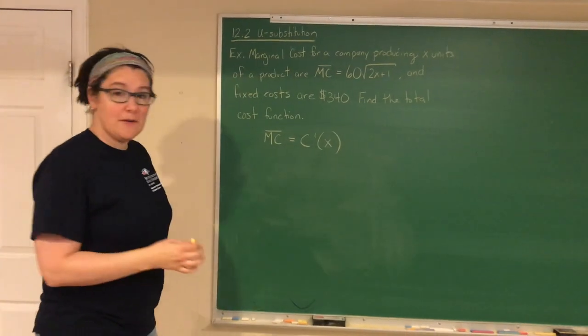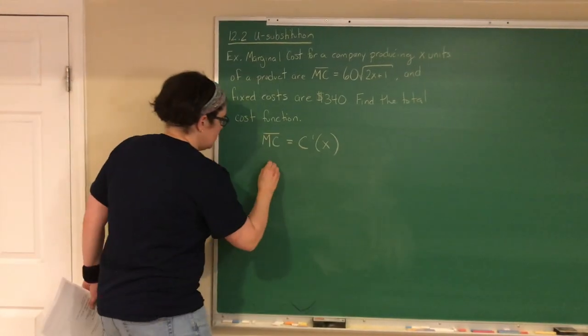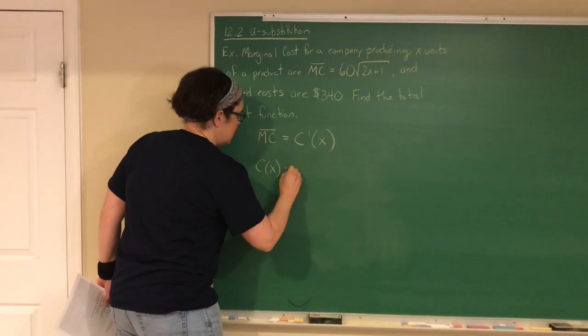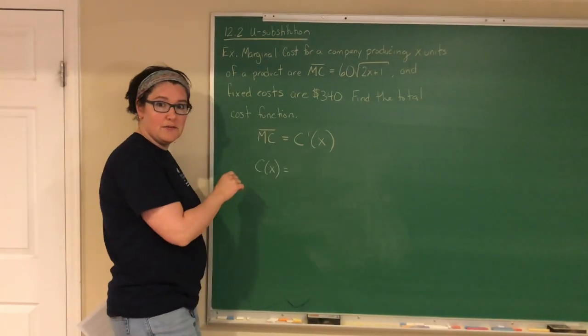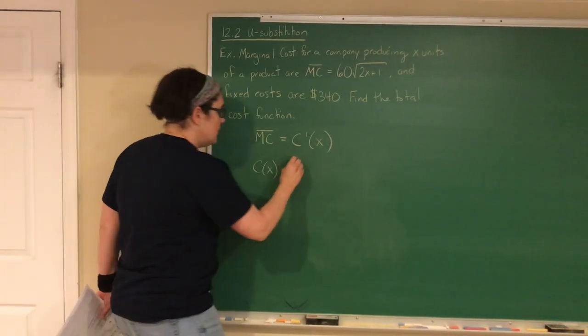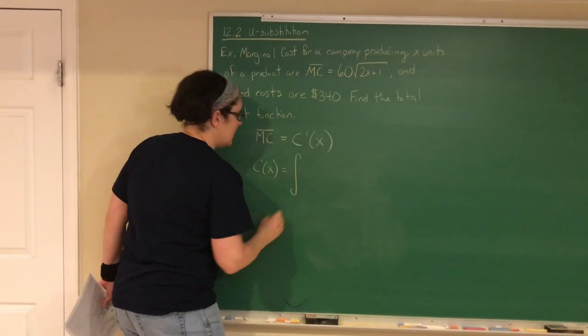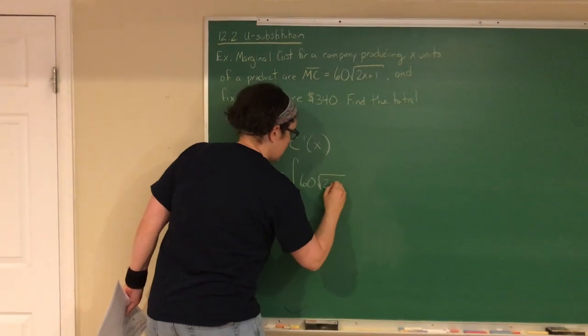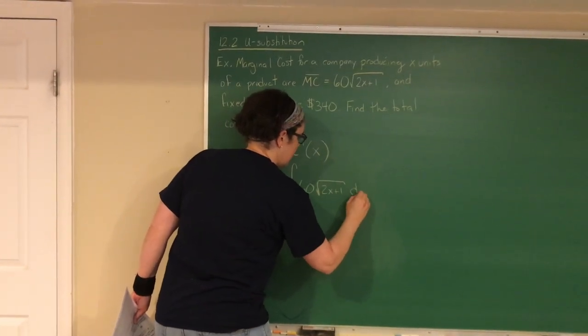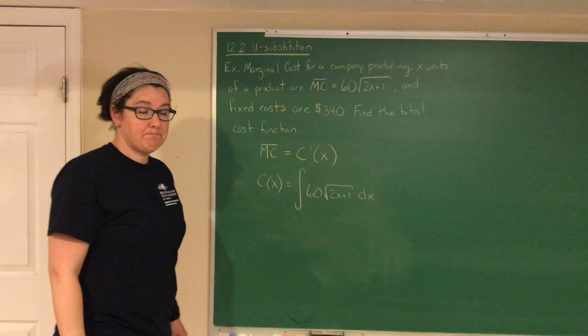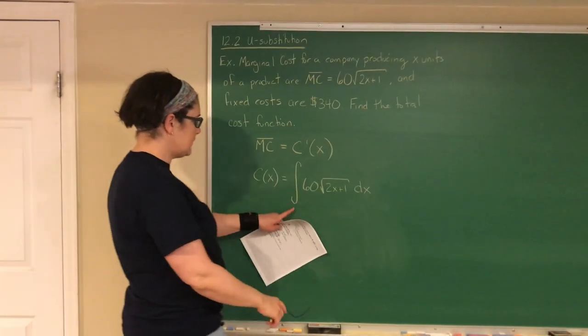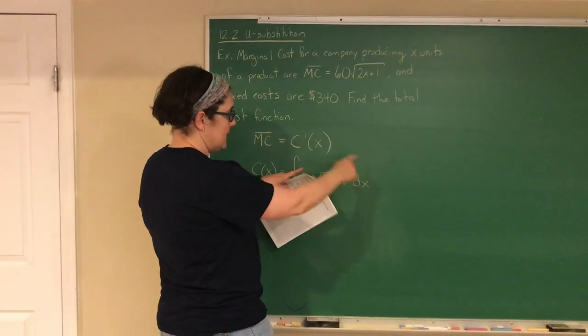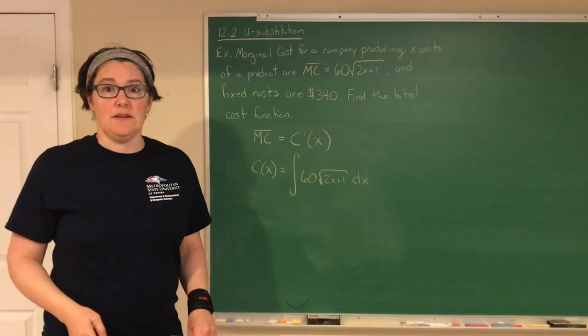So if we want to find the original cost function, C of x, that means that we want to find the antiderivative of marginal cost. So we want to find the antiderivative of 60 times the square root of 2x plus 1 dx. Okay, so the long stretched out s and the dx at the end say find the antiderivative of the thing in the middle.